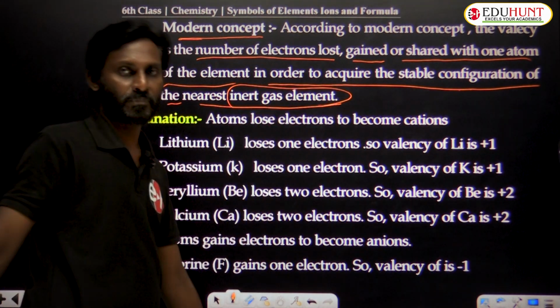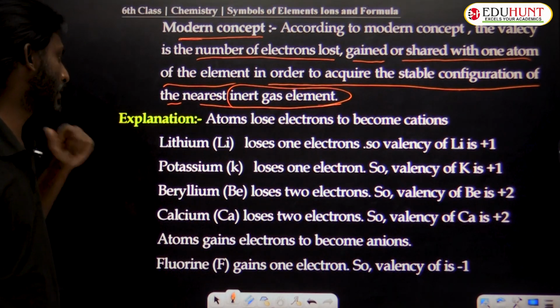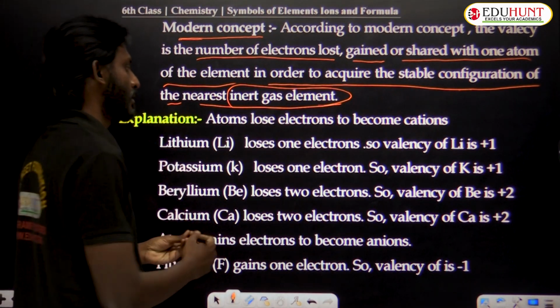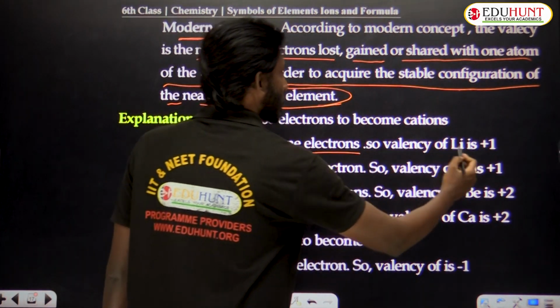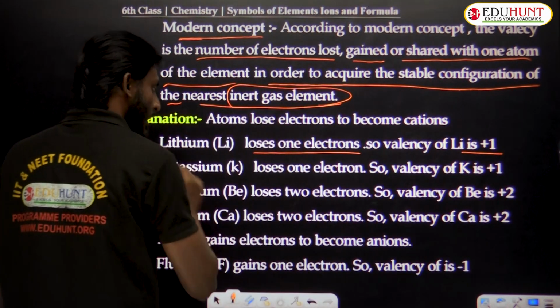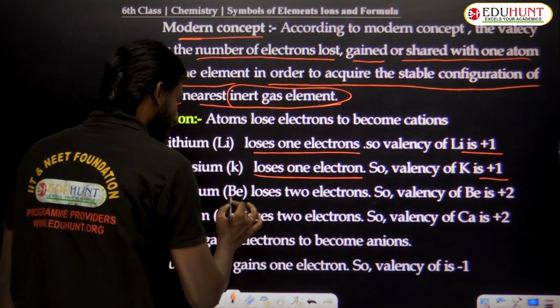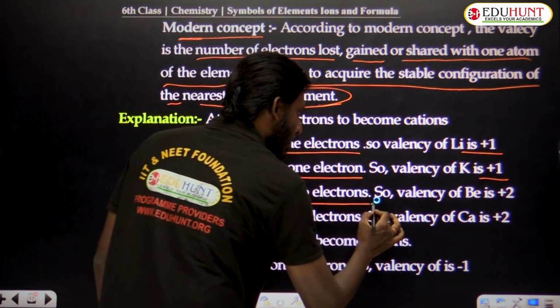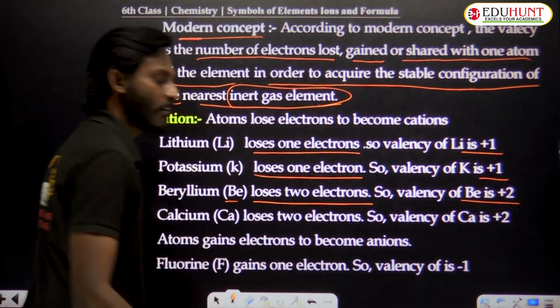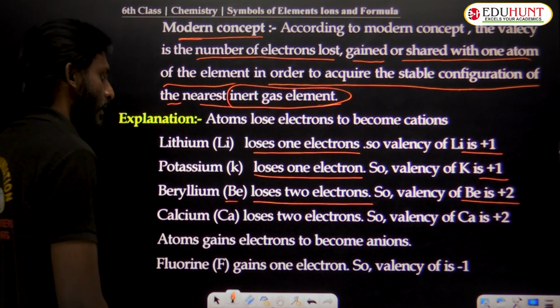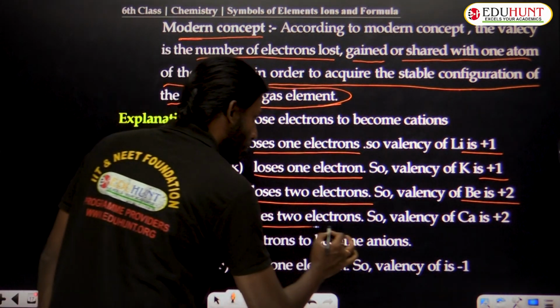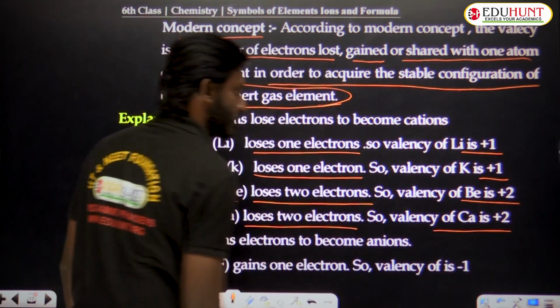Yes. Explanation. See, lithium loses 1 electron to get +1 state. Potassium loses 1 electron to get +1 state. Beryllium, Be, loses 2 electrons to get +2 state. So the valency is +2. And calcium loses 2 electrons to get +2 state.